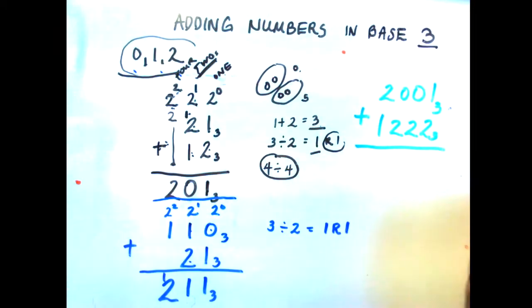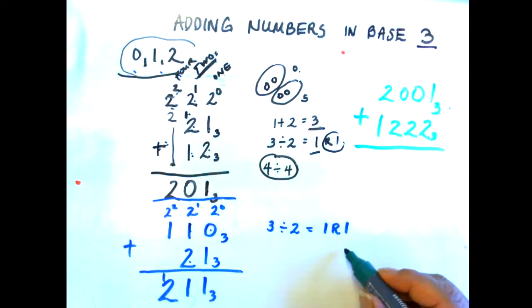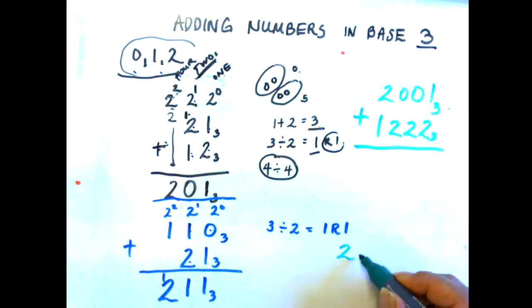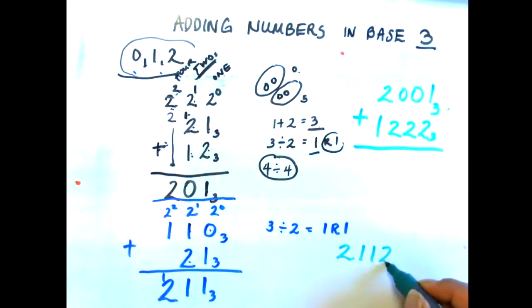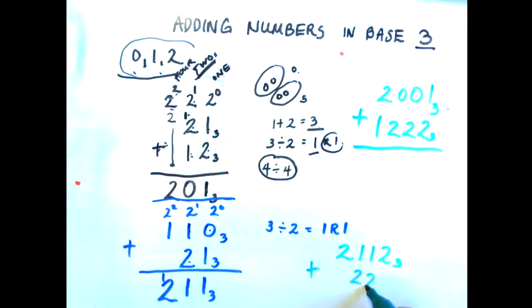The other homework would be this. I'll give you 2 this time. 2, 1, 1, 2 in base 3, add 2, 2, 0.